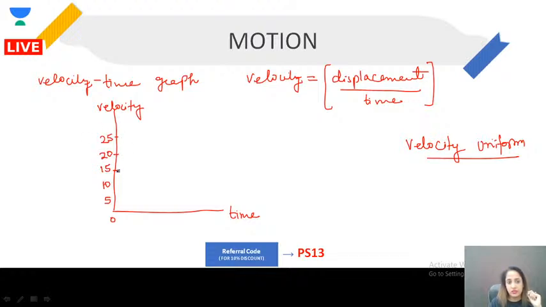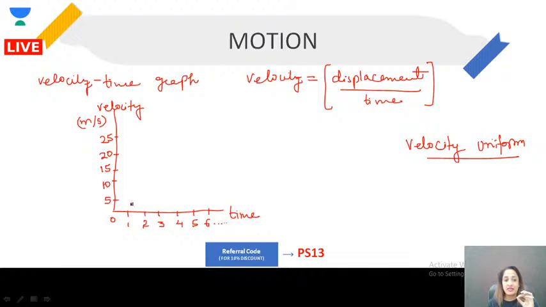So over here we have it in meters per second. That is our velocity. Like the object is moving 5 meters per second or 10 meters per second. And on this side let's say we have time, 1 second, 2 seconds, 3 seconds, 4 seconds, 5, 6 and so on, right?